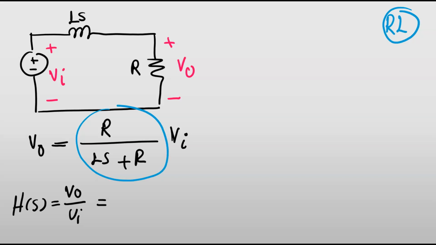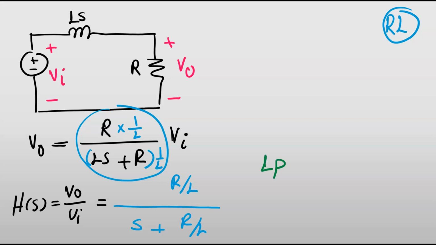this one, but I'm going to multiply everything by 1 over L. So I'm going to have R over L divided by S plus R over L. So you can see here that what we have is a low-pass filter. Why? Because I have a constant in the numerator.